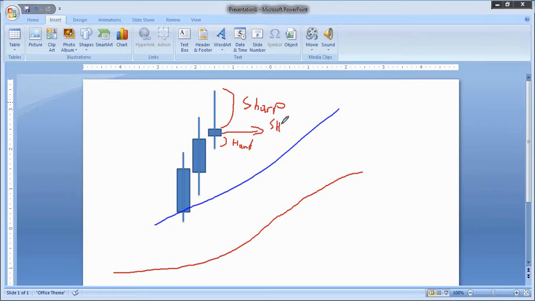This level is the shield, I'll call it SHL. It should be either opening and closing at the same level, or as small as possible. It must be a maximum of 20% of the total candle size.